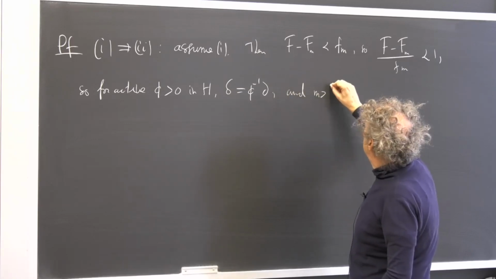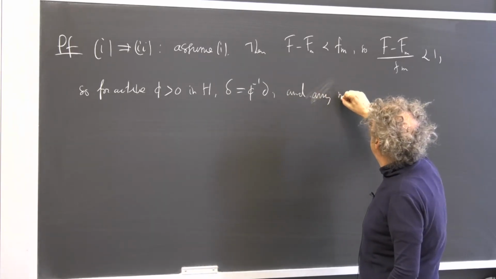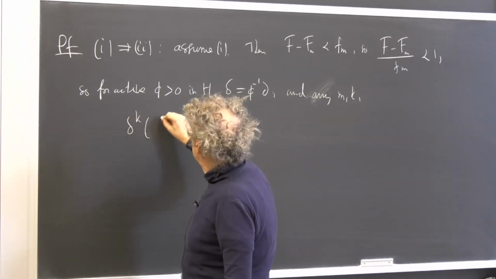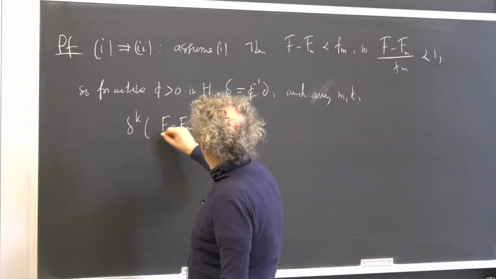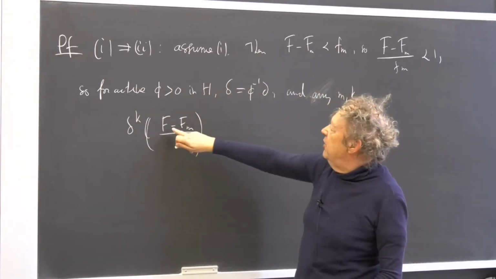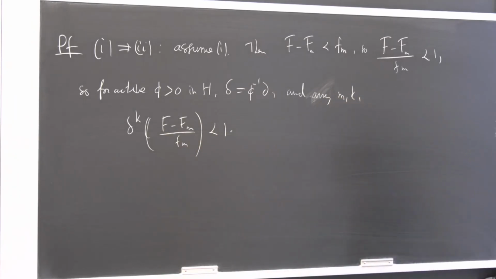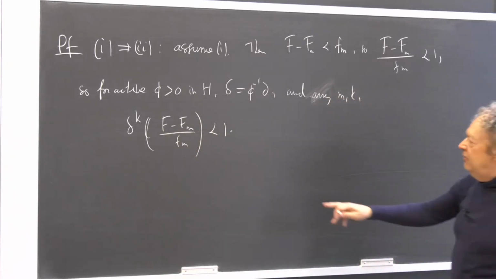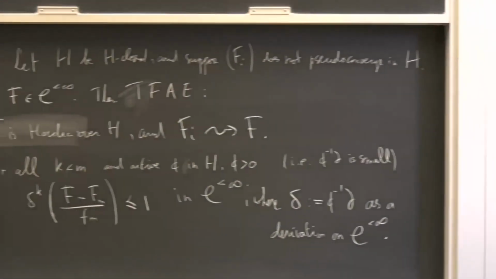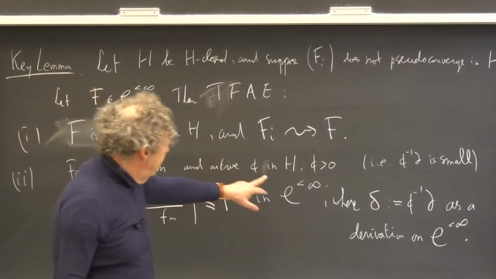For any m and k, delta^k F over Fm, since all this is taking place in this Hardy field extension, will also be infinitesimal. So you see, from 1 to 2 it is basically obvious. And you get actually more, not just for k less than m, but for all m and k.